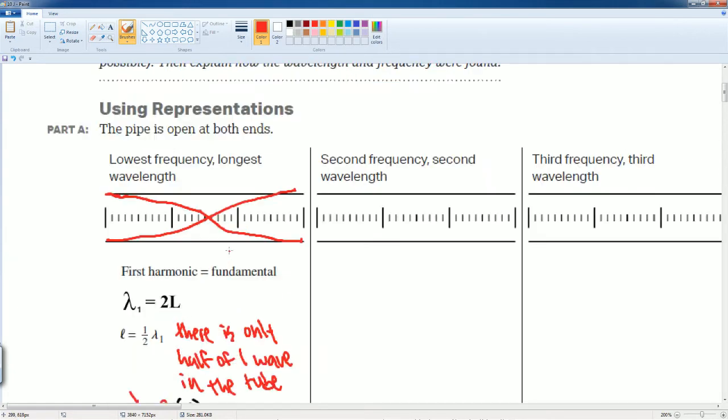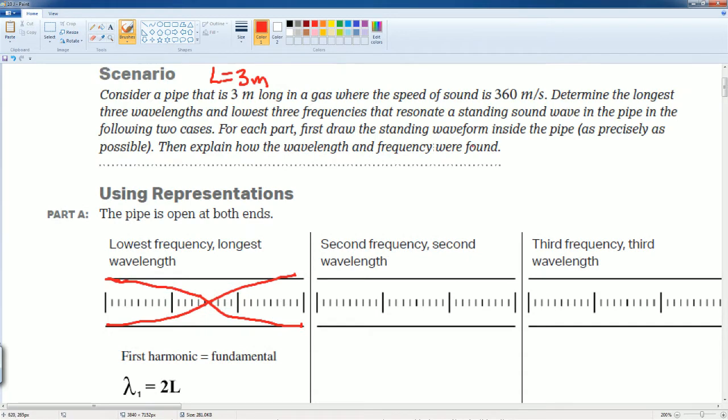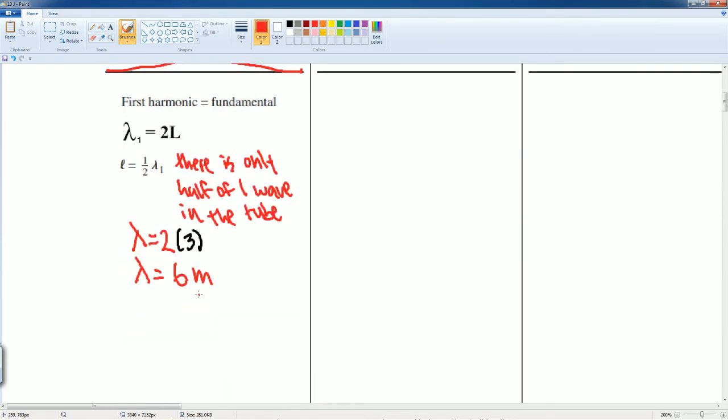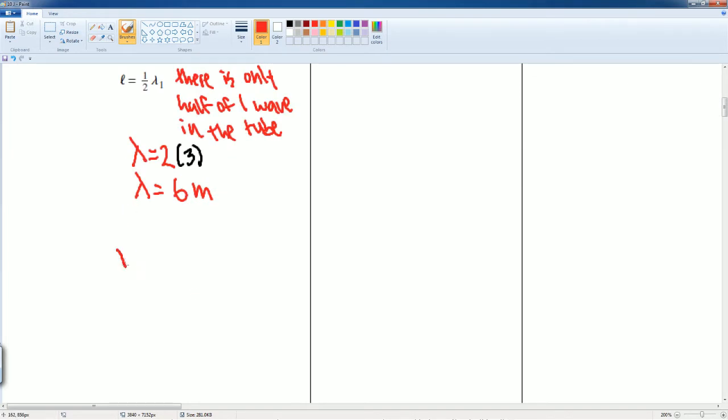And if we want to know the frequency, we know velocity equals the frequency times wavelength, and we know that V was equal to 360 meters per second.